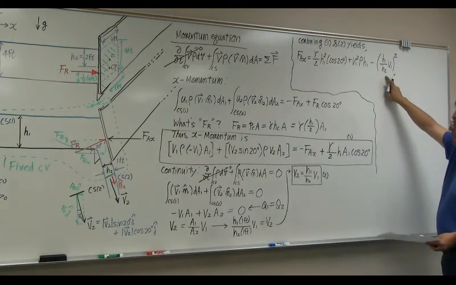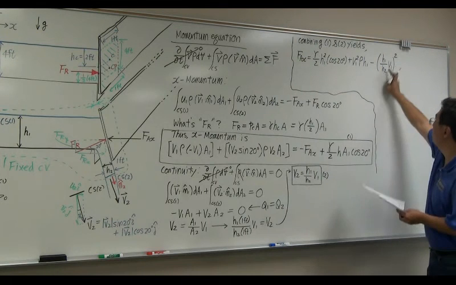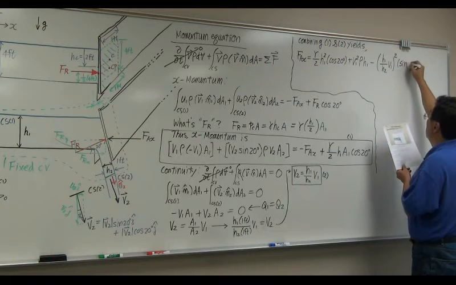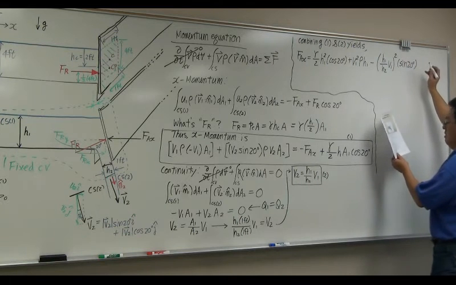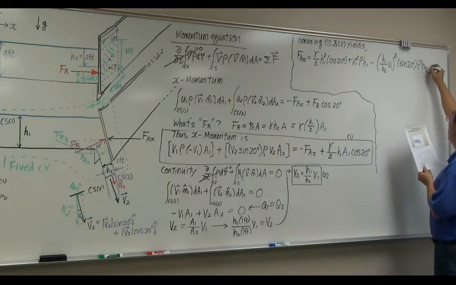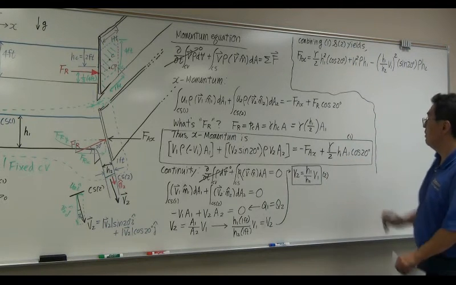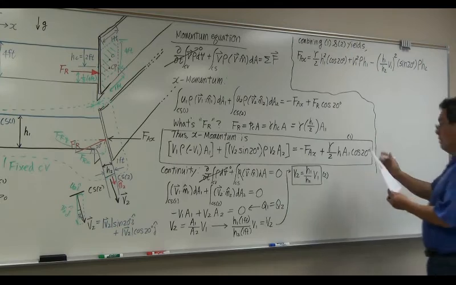By the way, this is V2; V2 can be represented by H1 over H2 times V1. Times sine 20 rho times H2. So this really is the equation combined from equation 1 and 2. So you can plug in the values.